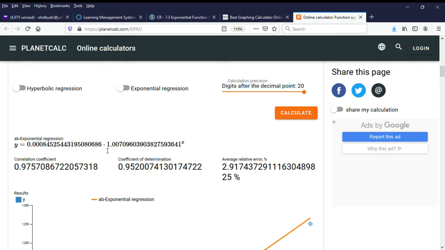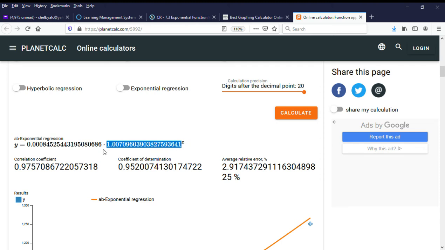This little dot here is not a decimal in the sense that it's down at the bottom of the line. It's in the middle, and that's representing a multiplication sign. So our function is in the form of A times B to the x, where A is your coefficient and B is the base, and x is the exponent working on it.